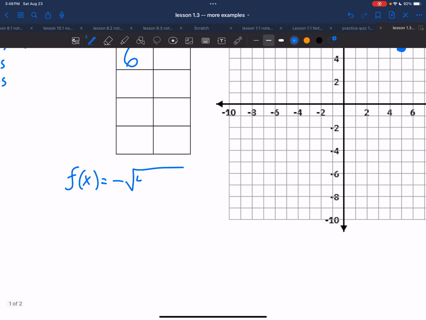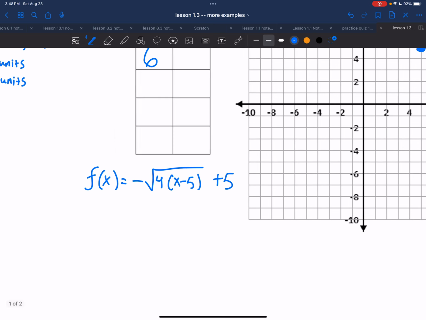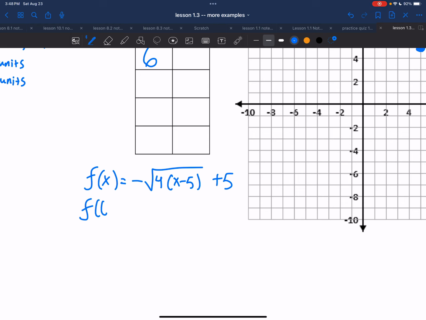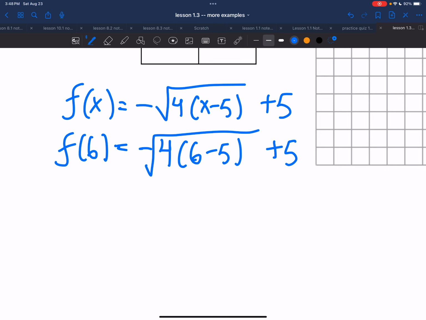So 4 times x minus 5, and then there's a plus 5 here. And the first number I'm going to try is 6. So I'm going to do negative square root of 4 times 6 minus 5 in those parentheses. Now remember, it's just PEMDAS, order of operations. So 6 minus 5 is 1, which means it's just 4 times 1.